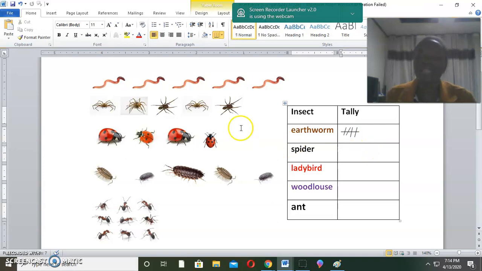Okay, and then now let's come here. How many spiders? Let's count. 1, 2, 3, 4, 5. So we have 5.